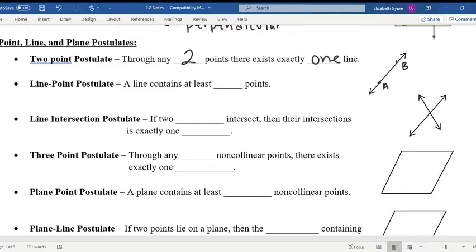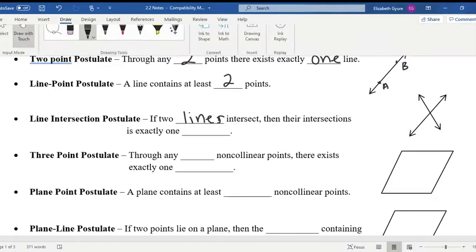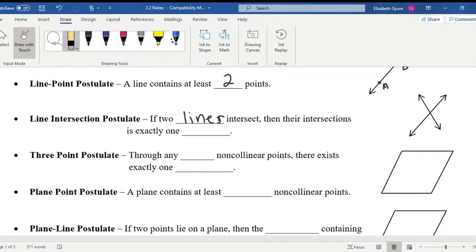The line point postulate is that just kind of reversed. This says a line contains at least 2 points. So if you have a line, there will be at least 2 points on it, no matter what. The line intersection postulate says if 2 lines intersect, then their intersection is exactly 1 point.